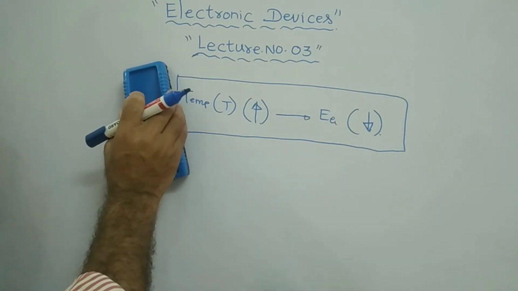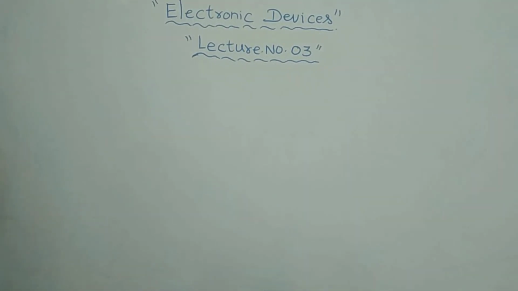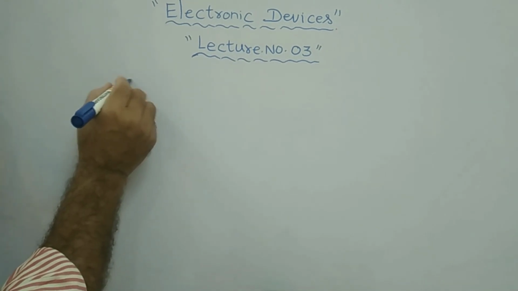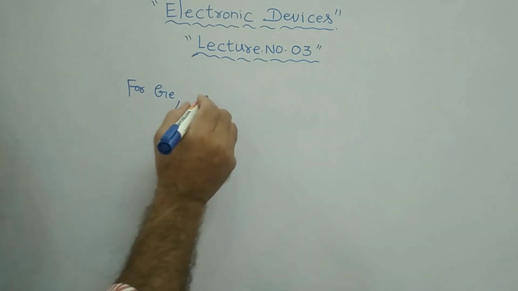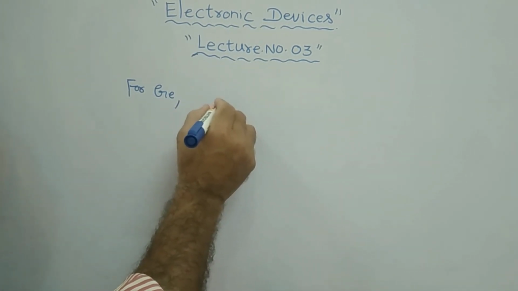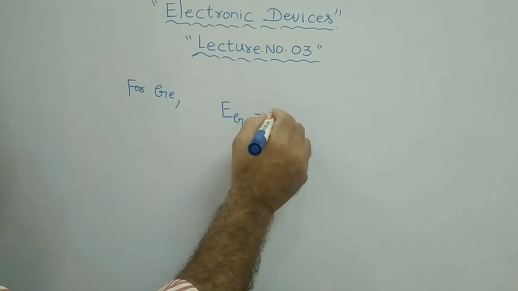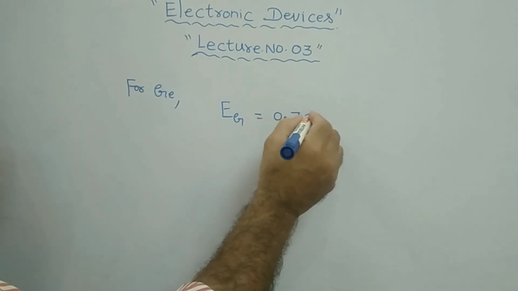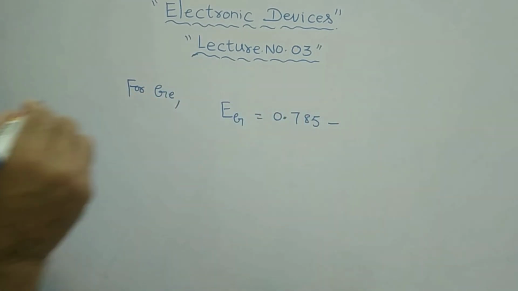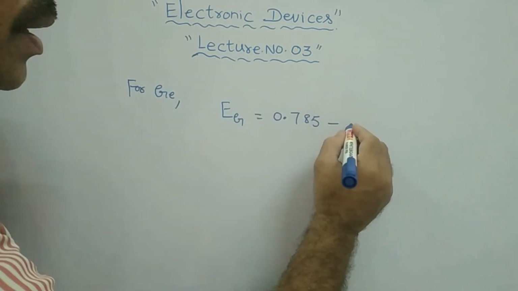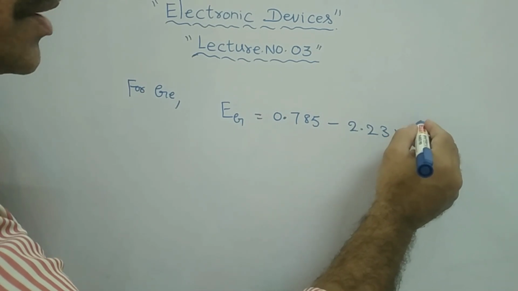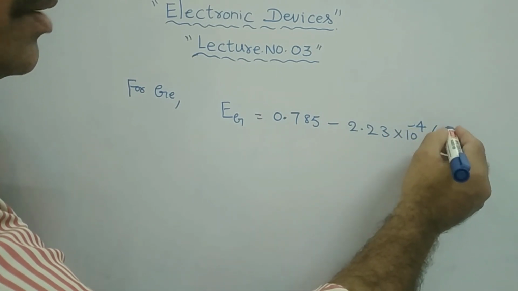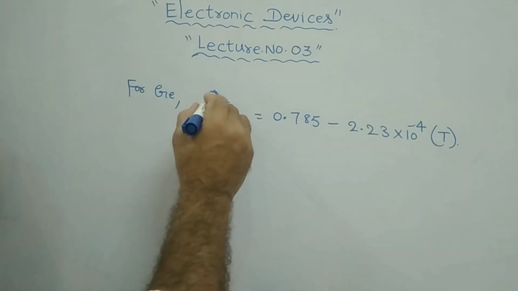Now a similar equation is there for germanium also. So now I will write for you for germanium. For germanium, note down, what is the relation? There is a similar relation: Eg is equal to 0.785 minus 2.23 times 10 power minus 4 multiplied by T into T. Actually, this is a very, very important relation.